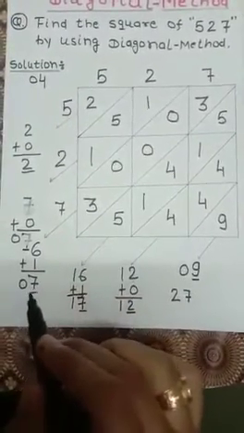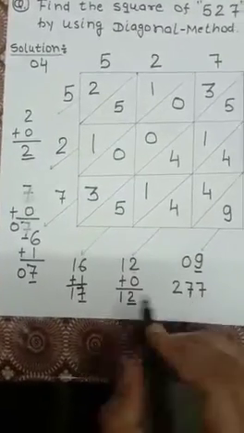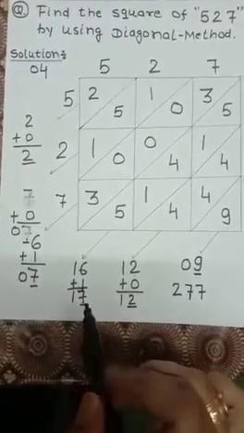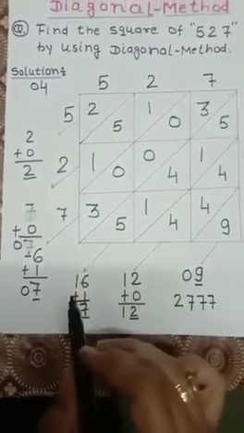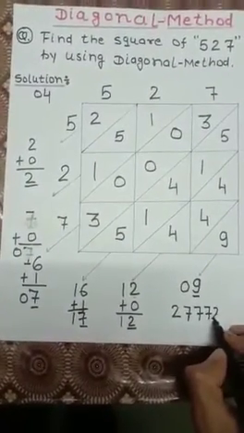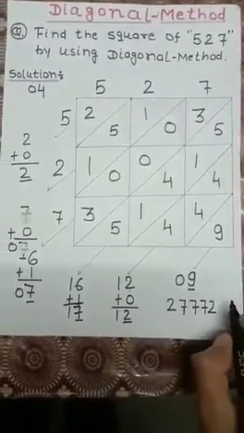The third underlined number is also 7. The fourth underlined number is also 7. Okay, now the fifth underlined number is 2, and the next underlined number is 9.